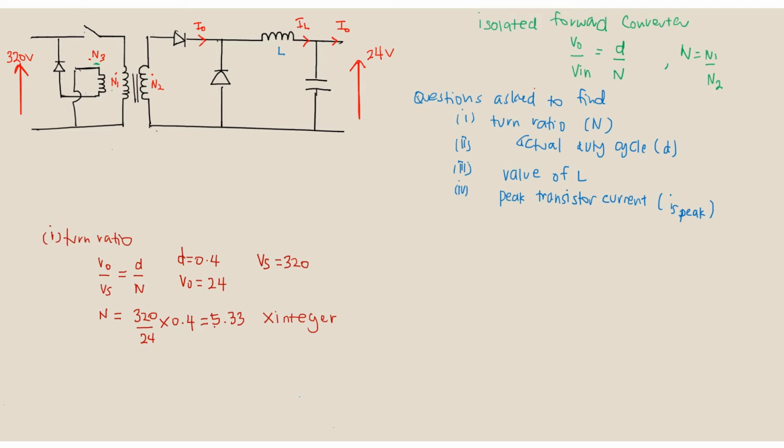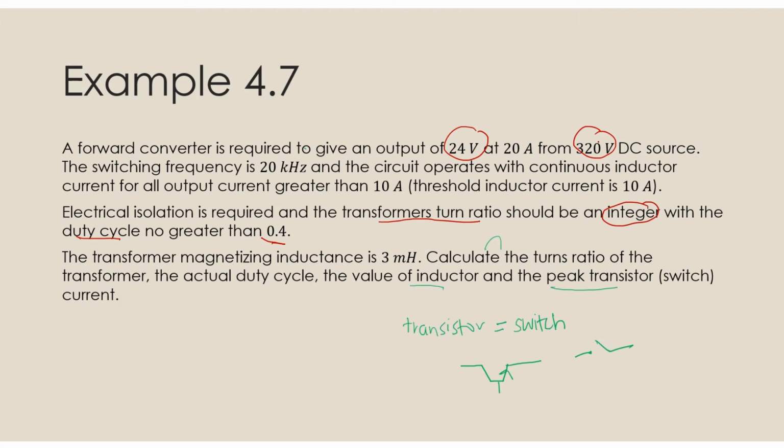If you round 5.33, you will get N equal to 5. This is the new turn ratio that meets the question's requirement. We want the integer.